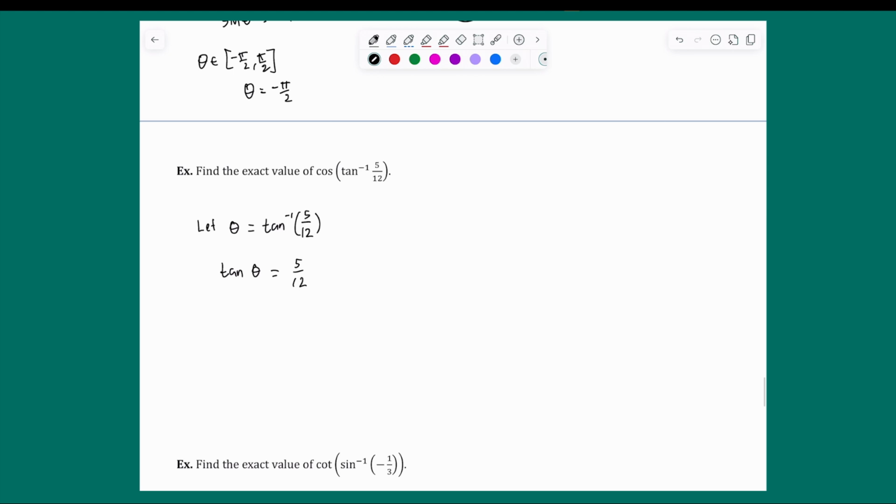And we're going to use a right triangle to help us with this. Imagine we have a right triangle and we have theta here. By definition, tangent is opposite over adjacent. And so this looks like 5 opposite over adjacent of 12.